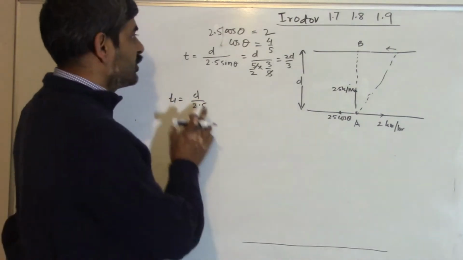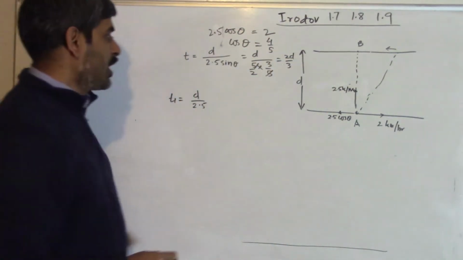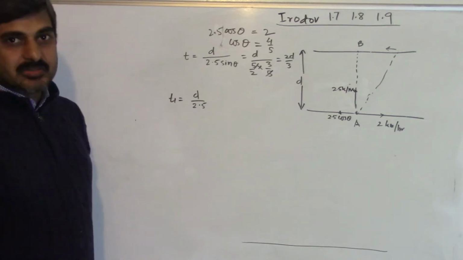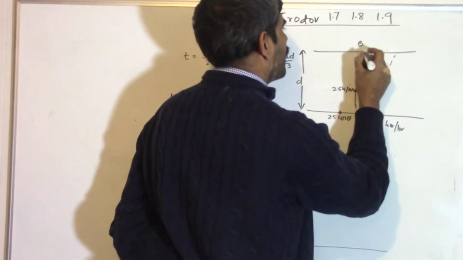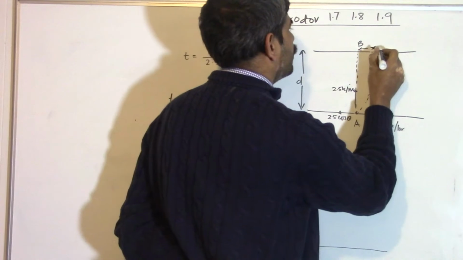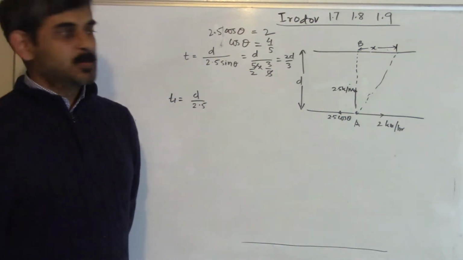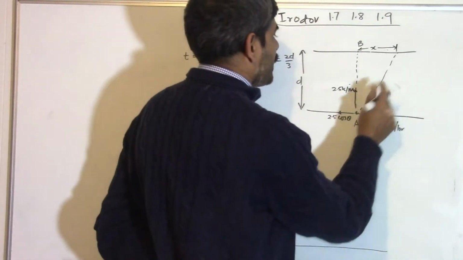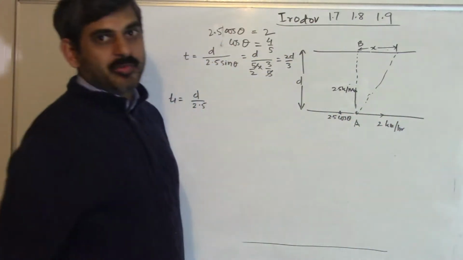Now what we need to find out is the time it takes to walk. To do that, we need to find this distance, which we call x. He is moving in this horizontal direction with a velocity of 2 km per hour.